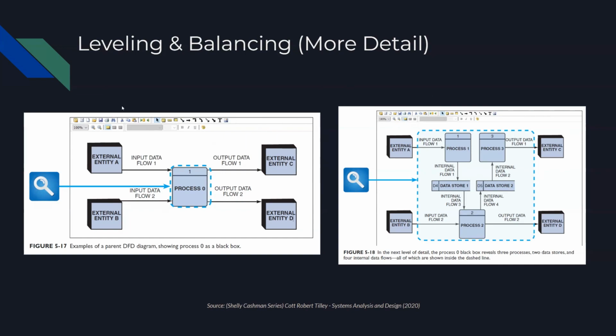So whatever is drawn from here, important entities have to be consistent here as well. The process of balancing ensures that the data flows depicted in the parent data flow diagram are maintained in the child data flow diagram. So therefore, the system still works. It's just a more detailed view of it, more complex as well.